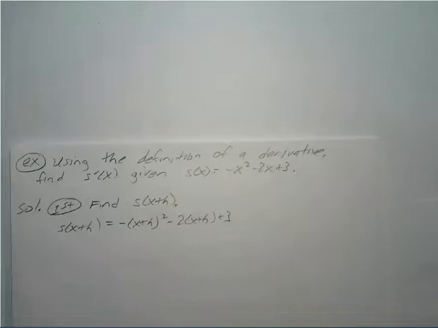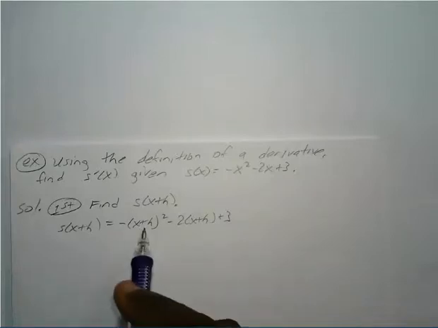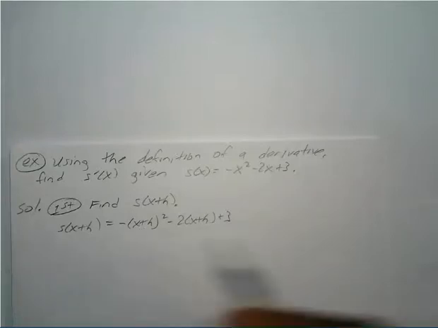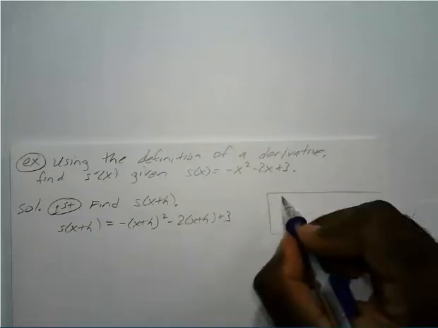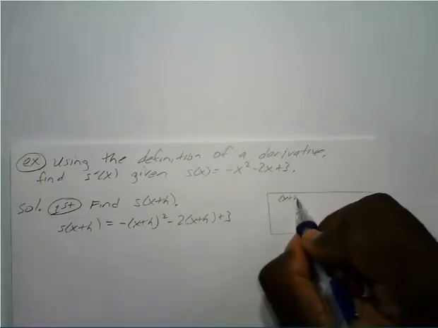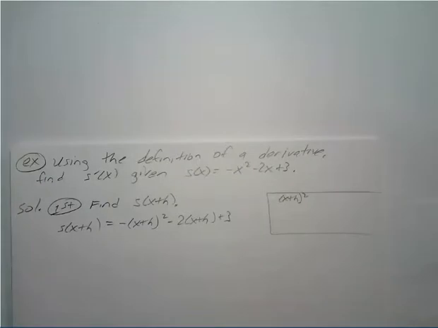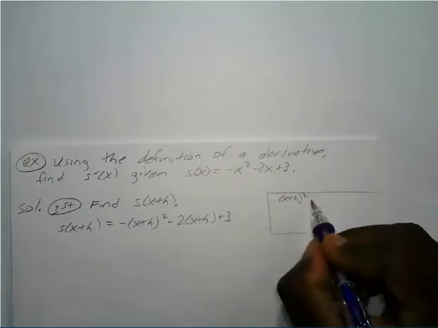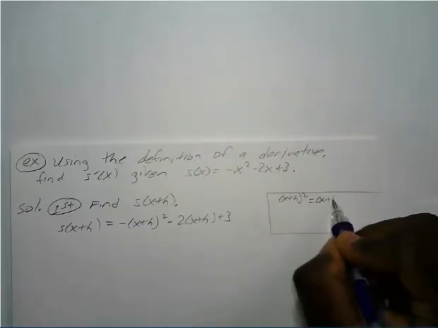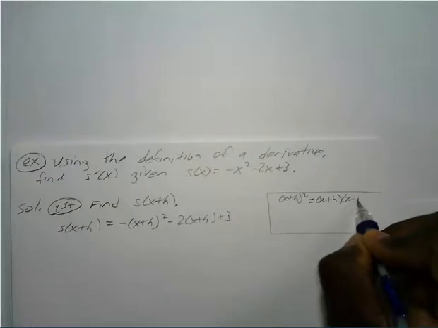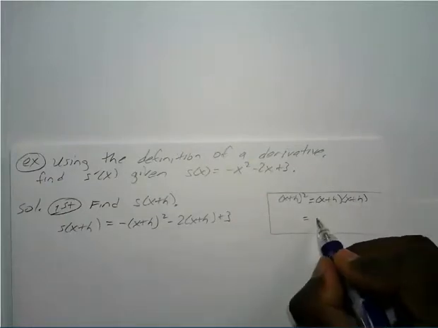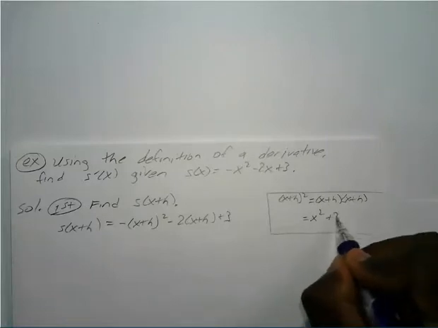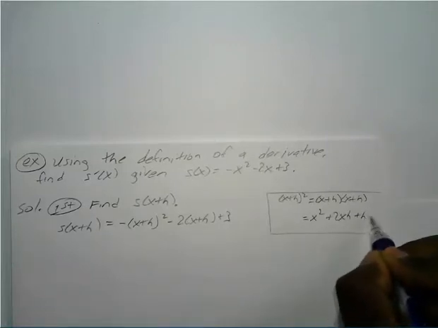Now we're going to go ahead and stretch all of this out. Our x plus h squared, remember, that's just x plus h times x plus h, which once you FOIL it out is x squared plus 2xh plus h squared.